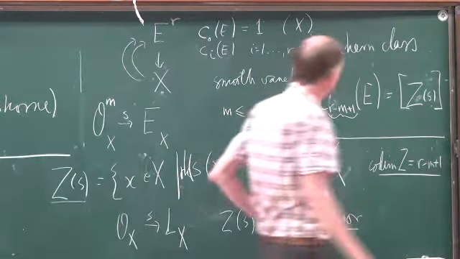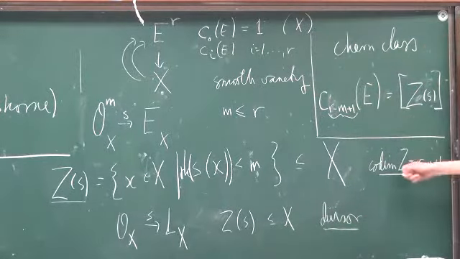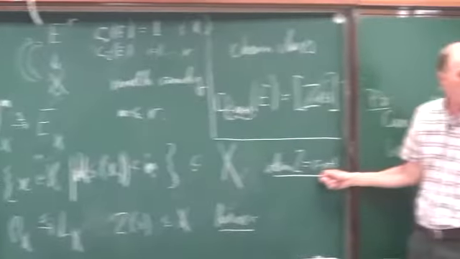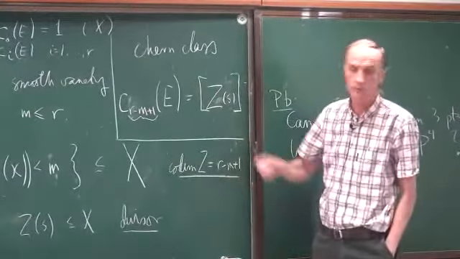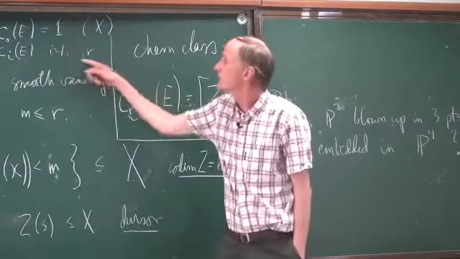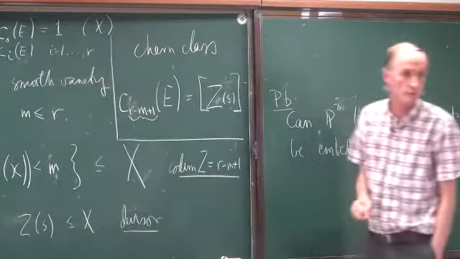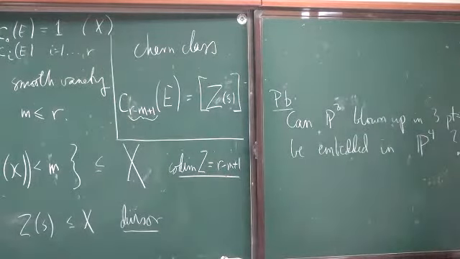Well, at some point the codimension might be bigger than the dimension of X, so it stops. So you might not have all these Chern classes for all these numbers, just up to the dimension of the variety.